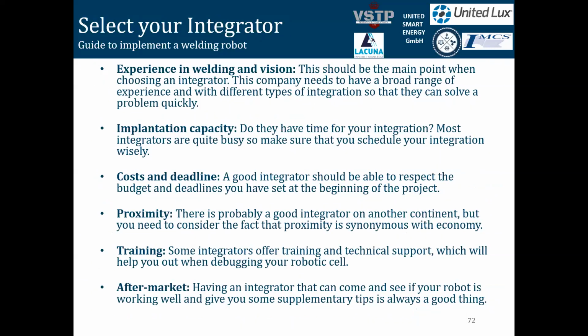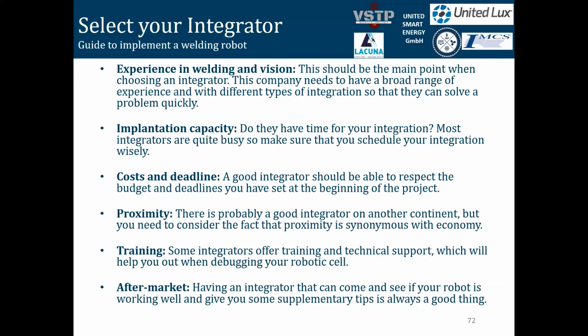So those are questions with which you go, and still you need someone to help, this integrator. Obviously they should have some experience, this is clear. And then not just with robots, but as well with welding, and for the realization, about the cost and the deadline, pretty clear.